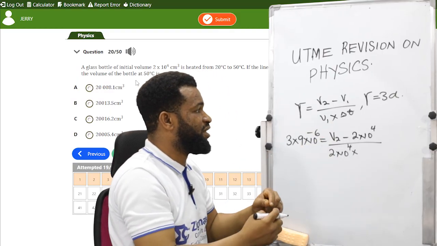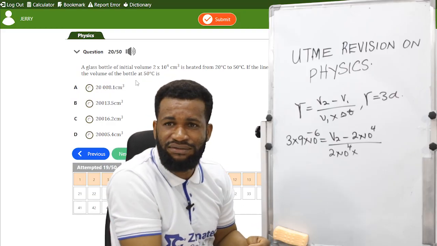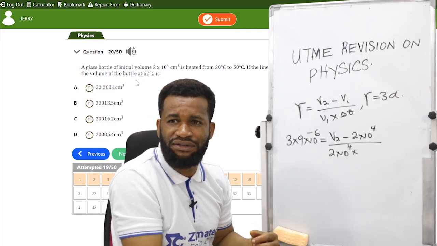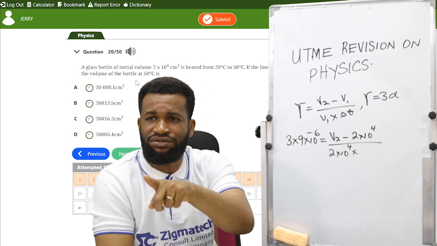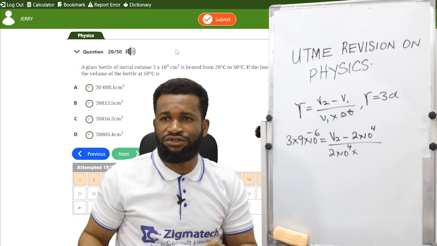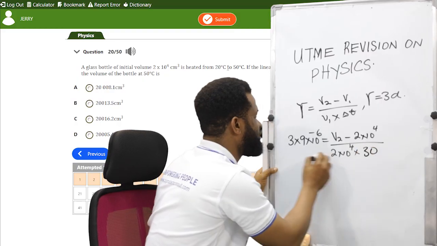The change in temperature means the higher temperature minus the lower temperature, from 20 degrees Celsius to 50. So 50 minus 20 is going to give us 30.